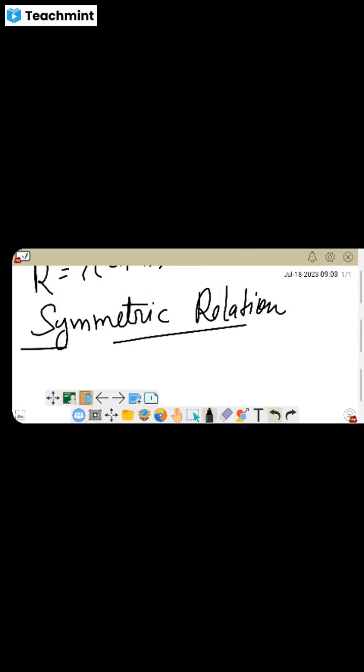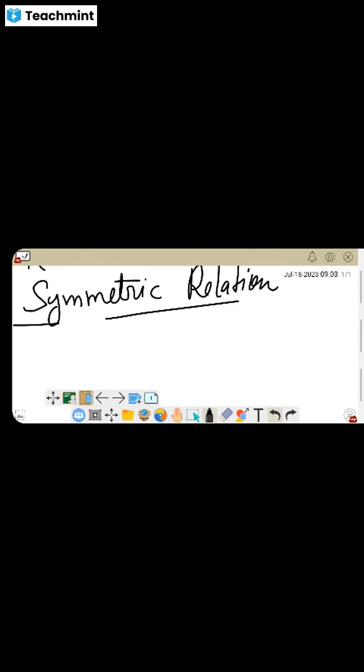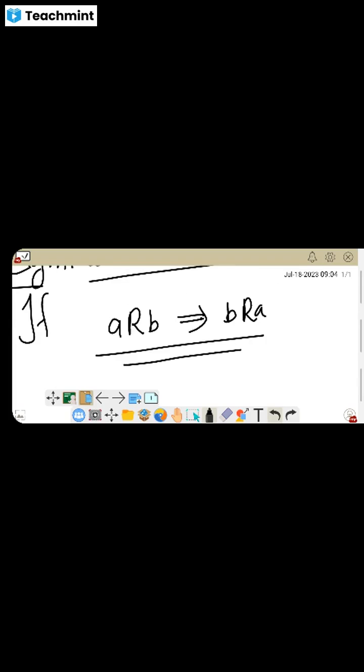Symmetric relation. If A is related to B, then B must be related to A. Then we can say this relation is symmetric.